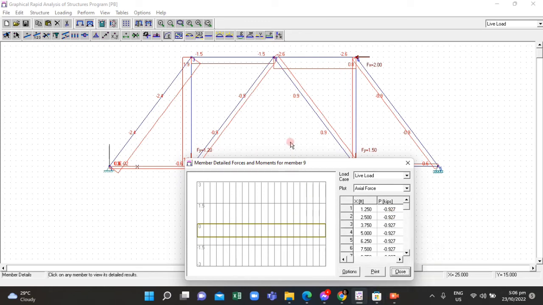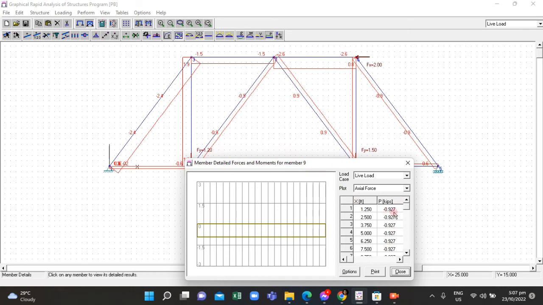Now, the orientation for assigning whether the force is negative or positive is this: when the diagram of the force is under the structure, it is negative, and when it is above the structure or the member, it is positive.